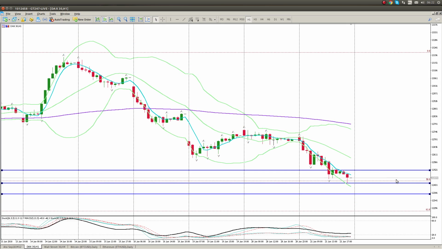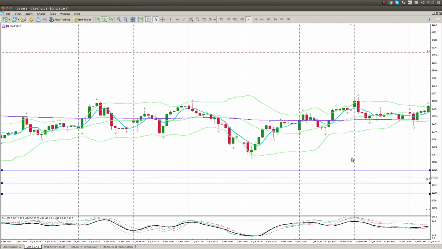Okay, so we're in the zone, and it's on the 50% Fibonacci. Anything can happen. We all know that. But I think for me right now, if I look at the setup on the hour, there is an opportunity for a long.